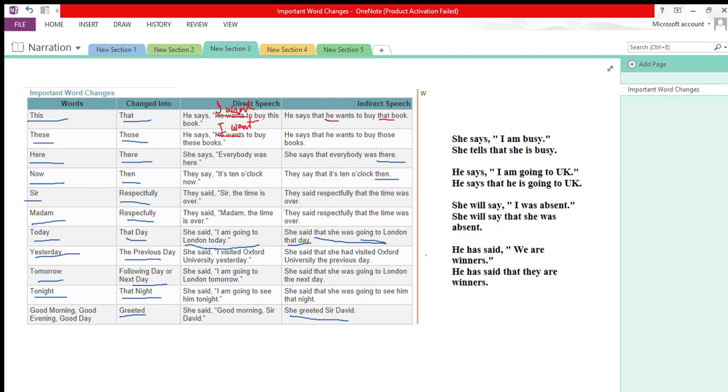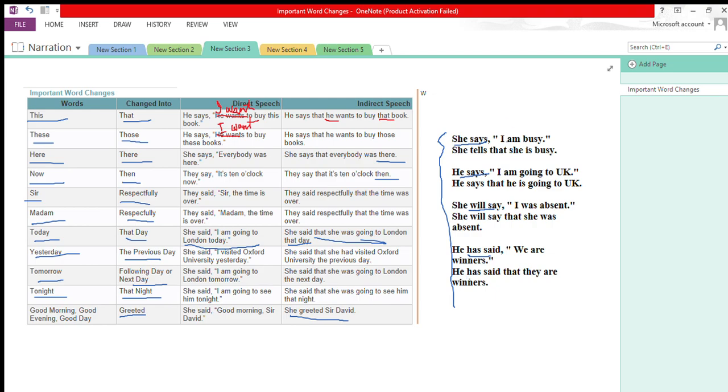Now, the most important point: if the reporting verb is in the present tense, any form of present, present indefinite, present continuous, or present perfect, or in the future tense, you will not change the tense.